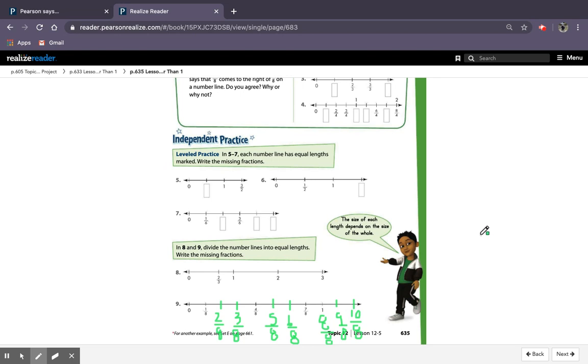And also, hopefully you have some object in your house that you can submit a picture of that's equal to 1.5. I'll post mine tomorrow, 1.5 pieces of a candy bar or 1.5 candy bars.